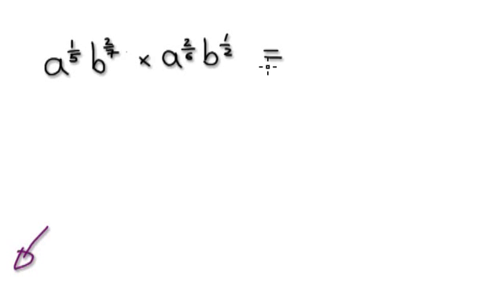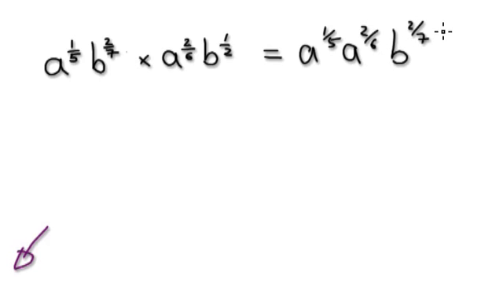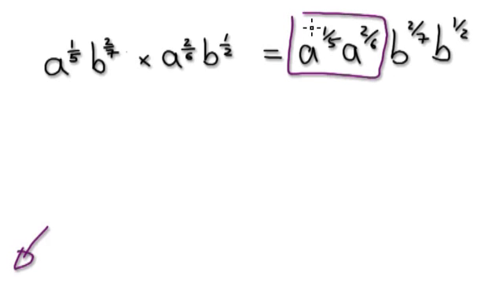Okay, so visualize as this: a to the power of 1 over 5 times a to the power of 2 over 6, and then times b to the 2 over 7 times b to the 1 over 2. Now let's merge these two together.